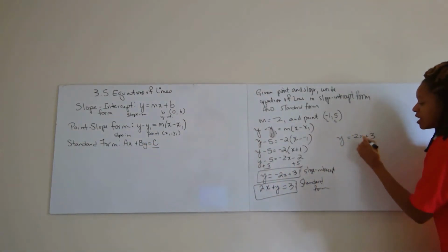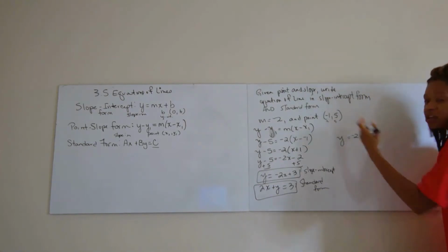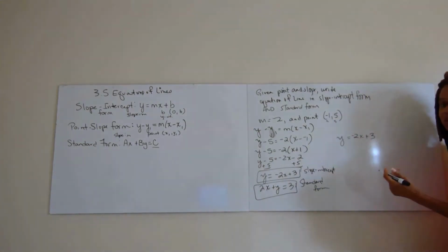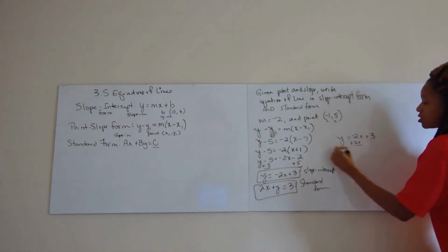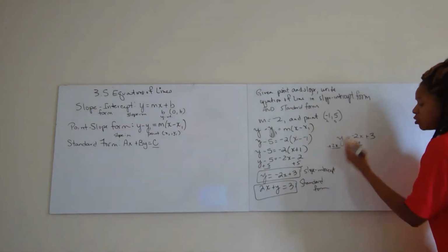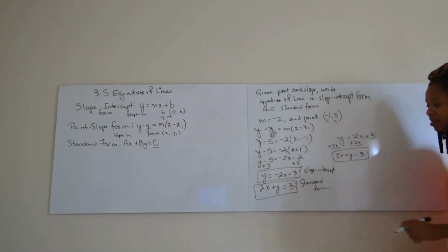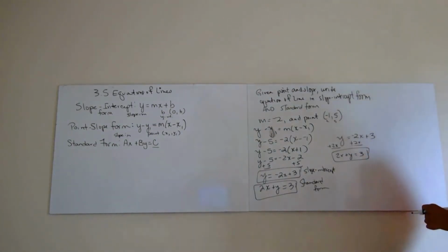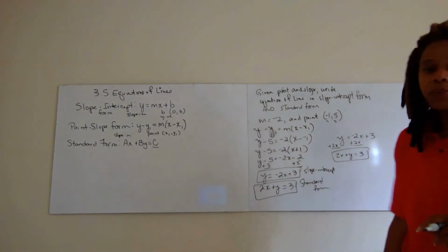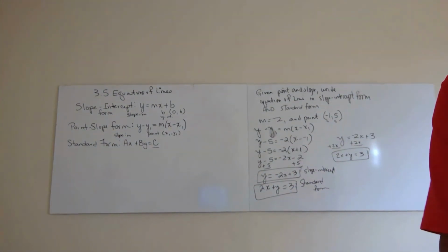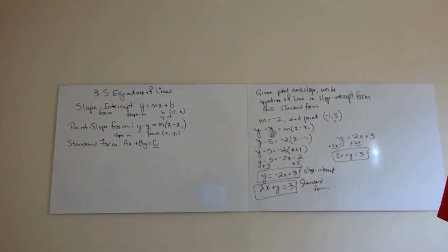So this 2x has to go back to the other side. Well, how do you cross the equal sign? You use opposite operation. So I add the 2x on both sides. And 2x and y are not like terms, which gives me my standard form. So given a point and a slope, you can identify the equation of a line in both forms.